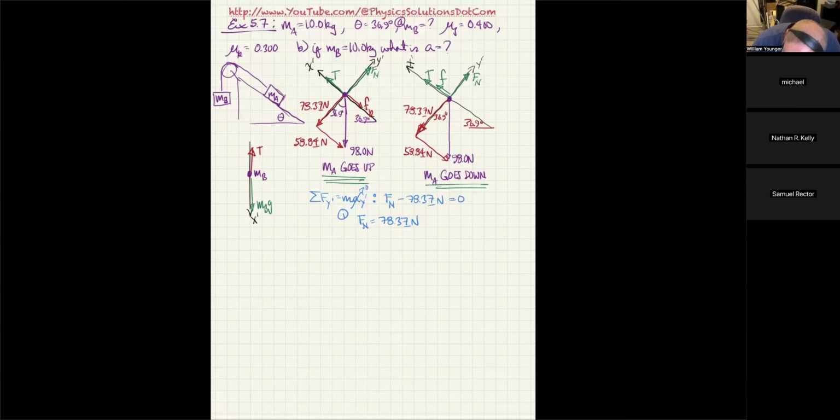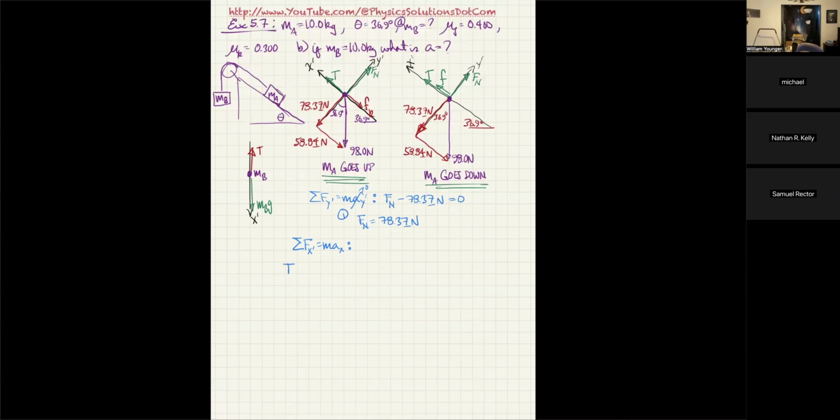Now I'm going to do the summation of the forces in the x prime direction for M_A going up. So for M_A going up, in the x direction we have only the positive T. So that's going to be T. Actually, I'll write it a little bit further to the right so it's under that.